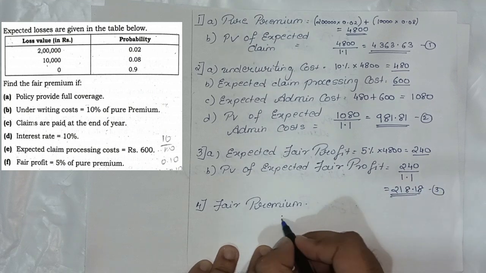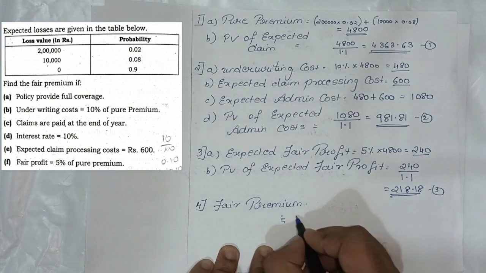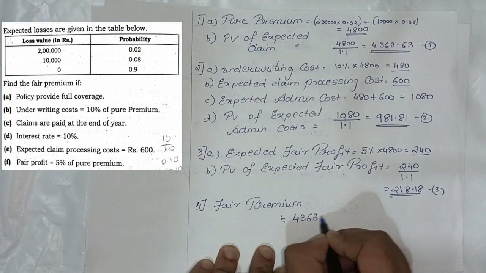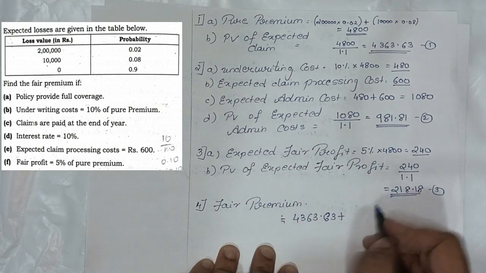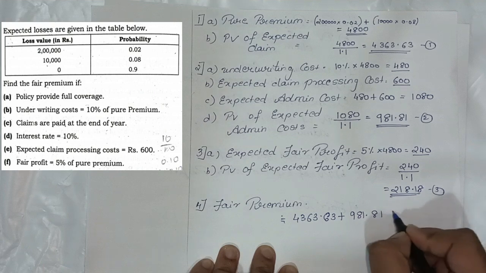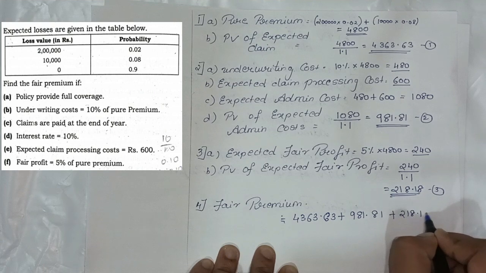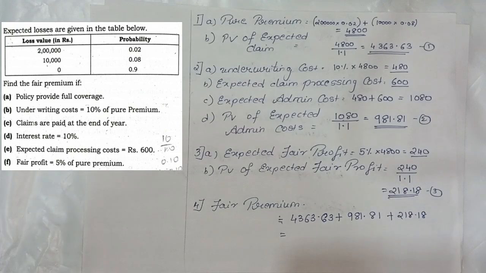So our fair premium formula is PV of expected claim, which was 4,363.63, plus PV of expected admin cost, 981.81, plus 218.18, that is the PV of expected fair profit. We add up all those three values.